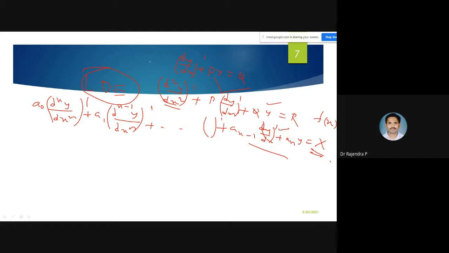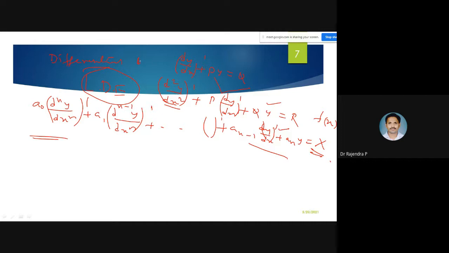This is the higher order linear differential equation. A1 to an are all either constants or functions of x alone. Now, many people may panic a little bit by seeing this equation. That is the reason we are going to introduce one operator called the differential operator.